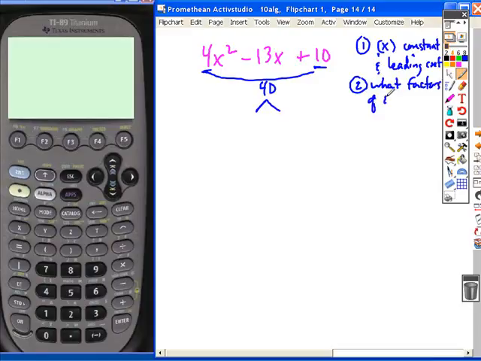So what factors of the number from step 1 add up to the middle term's coefficient? And what factors of 40 equal negative 13? Negative 8 and negative 5, right? So negative 8 plus a negative 5 add up to negative 13.